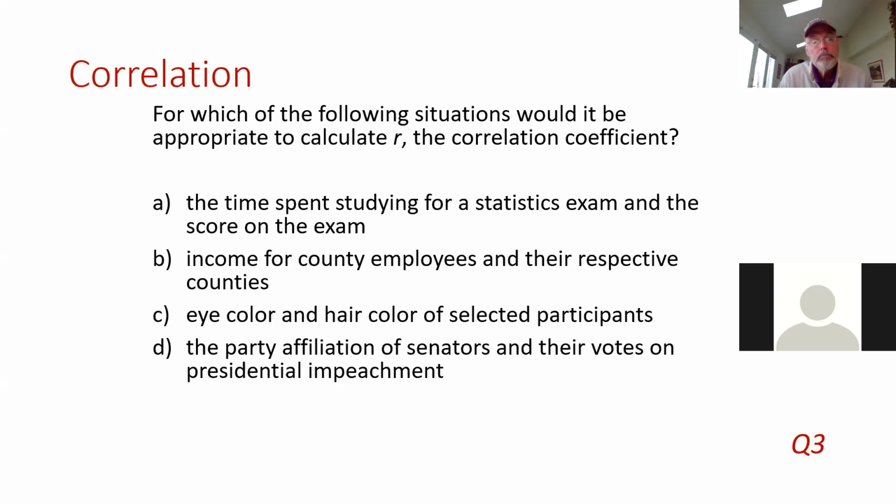Because the more you study for an exam, it's not like causation that you're going to do better, it's just kind of a correlation. That's a good insight. There are two quantitative variables. Okay, so they are two quantitative variables, and B, C, and D have one or more categorical variables. So that's why it's appropriate for the correlation coefficient.